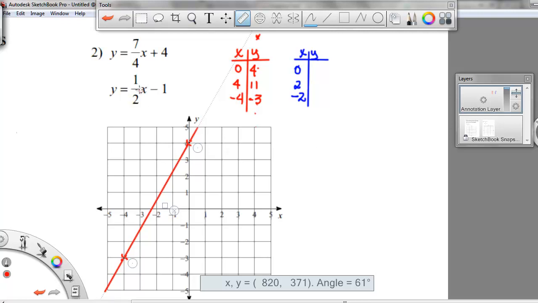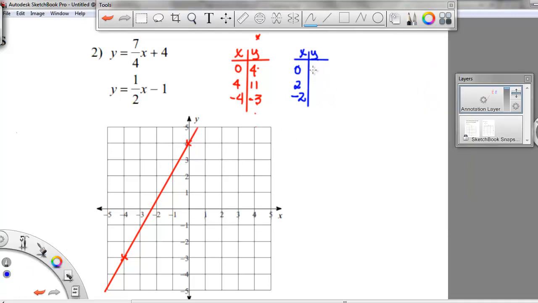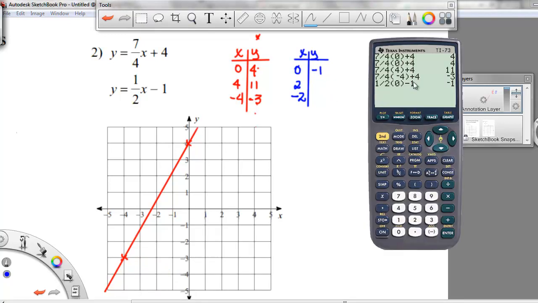So the same idea. We'll take our calculator. 1 divided by 2. Put a 0 in for the x. Subtract 1. And I get a negative 1. It changes to blue. I'll change the x now to a 2.